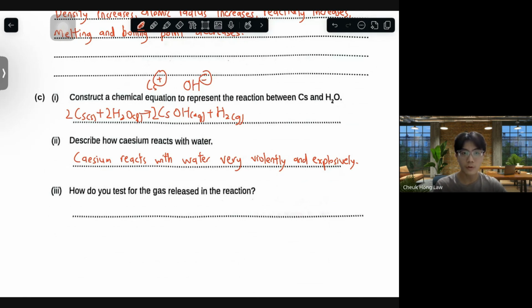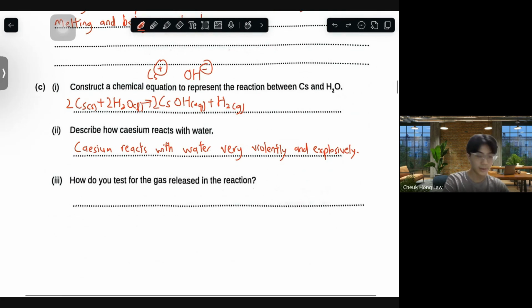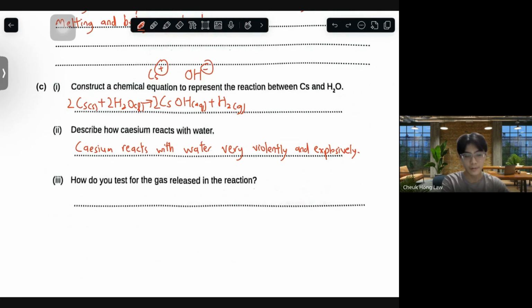Okay, then how do you test for the gas released in the reaction? The gas released in the reaction is hydrogen. So the test for hydrogen is very simple. If you place a lighted splint where hydrogen is being formed, there will be a pop sound. You will hear a pop sound.